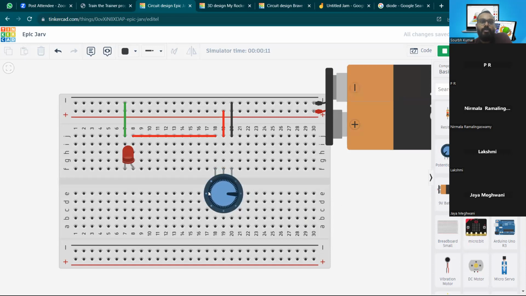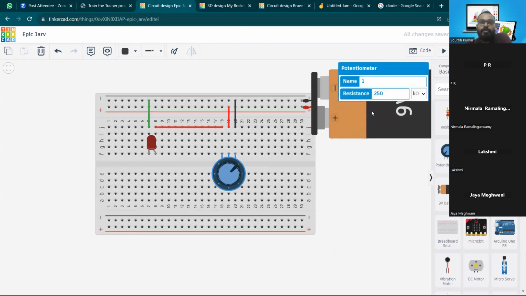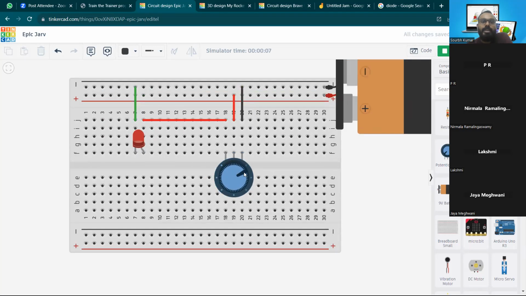So it is not working properly with the 9 volt, but yes, if I increase the potentiometer value, then what will happen? Let's see. Okay, let's say 10. If I start the simulation, you can see the LED intensity of glow is increasing drastically, right?